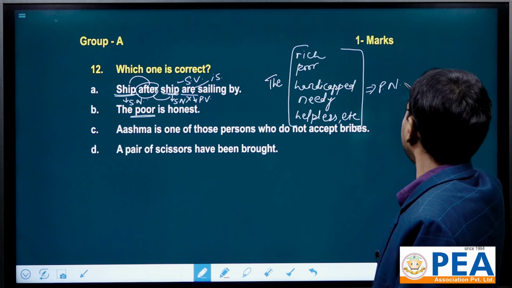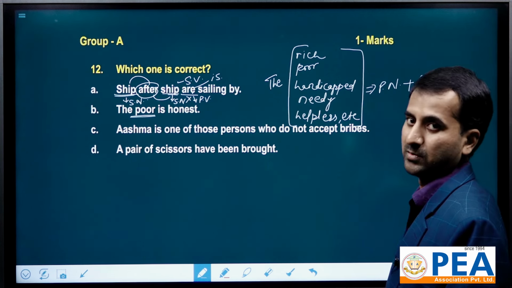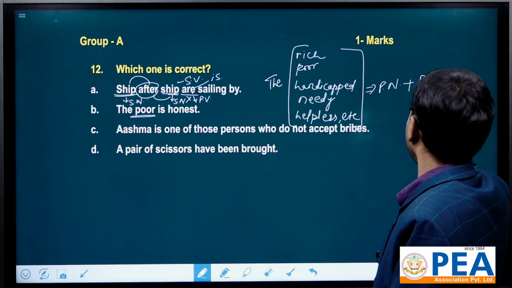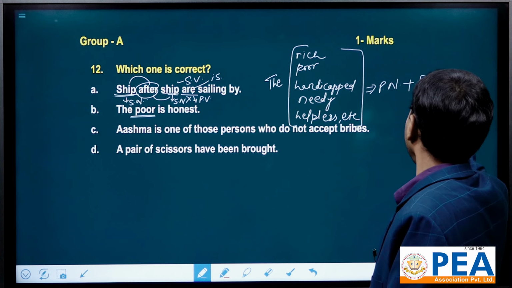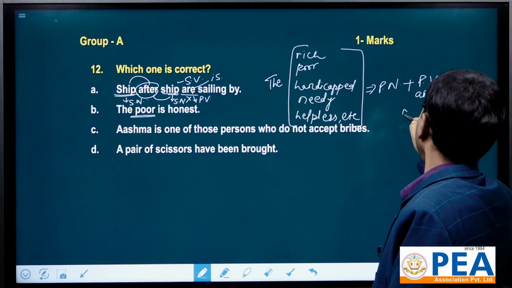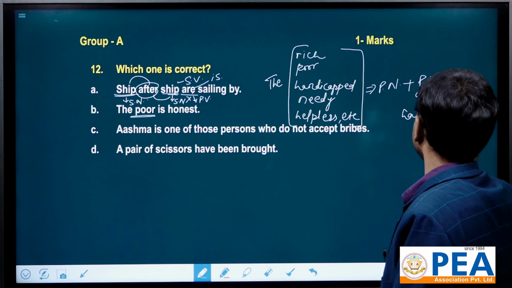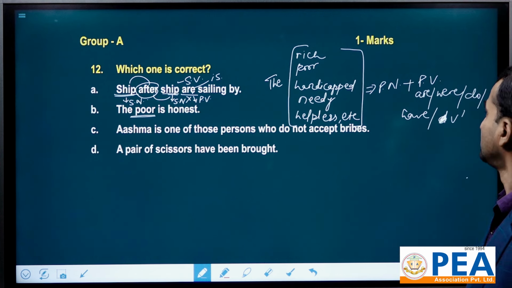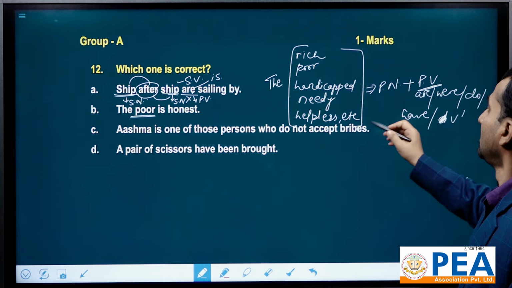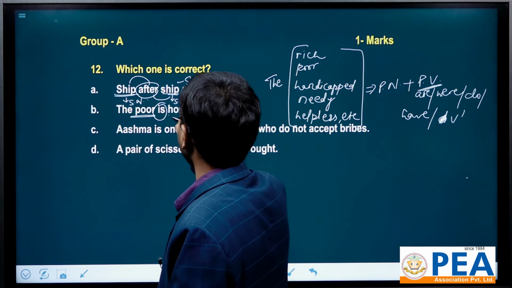And plural number always takes a plural verb. Plural verbs are are, were, do, have, and V1. So this is a plural verb. So it becomes the poor is. This one is wrong. It should be are.